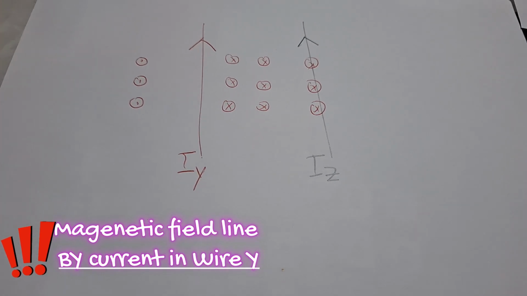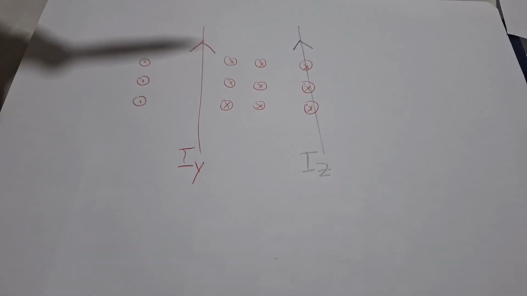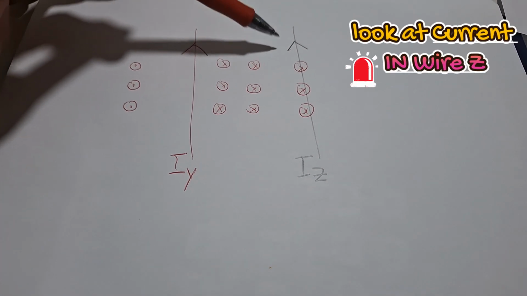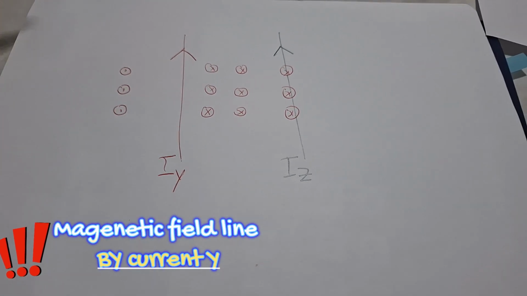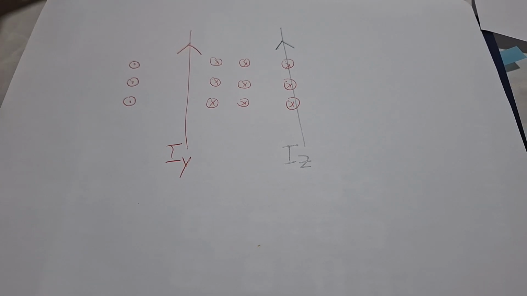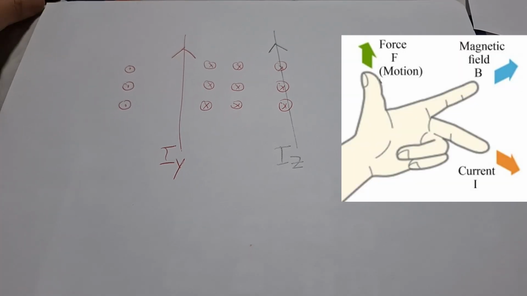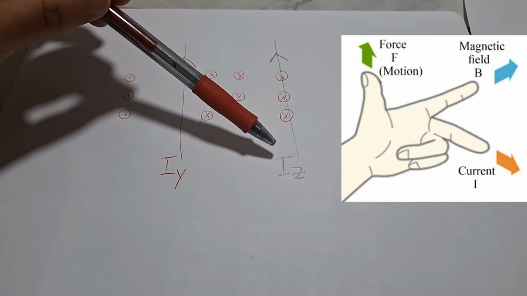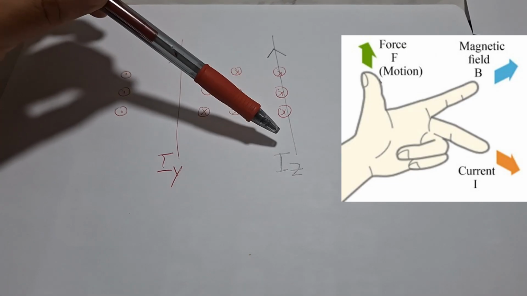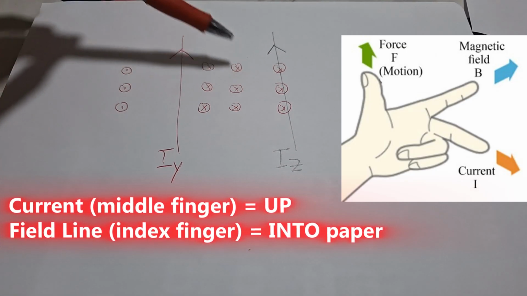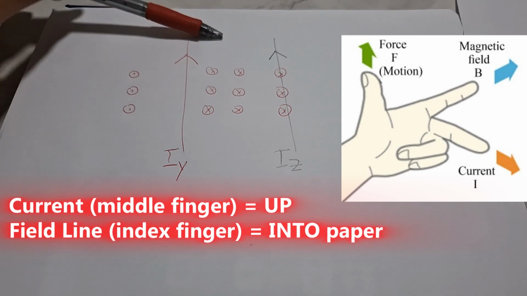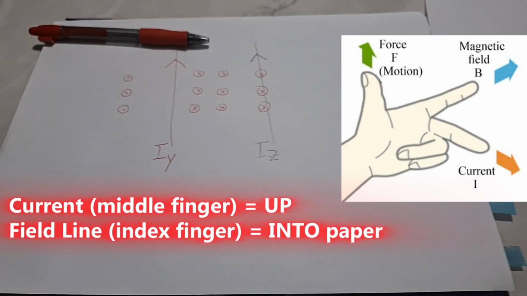current Y. Now, when current Z, or wire Z, is in the field line generated by current Y, what will happen to it? We can use Fleming's left hand rule to examine. My current is going upwards. Looking at wire Z, the current is going upwards, and the field line it experiences is going inwards, which means my index finger will be pointing downwards.